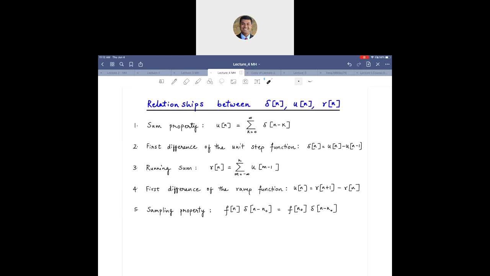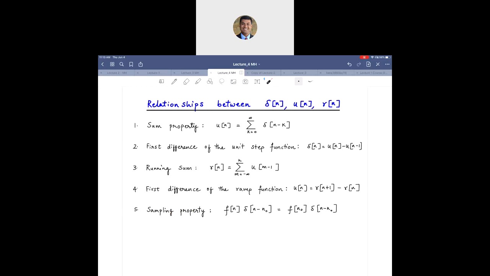The last one, the sampling property, we are not going to go deeper into because we have already talked about the sampling property for the continuous time signal. So we are essentially looking at the discrete version of that. So we have dealt with 5. We'll be looking at the other 4.